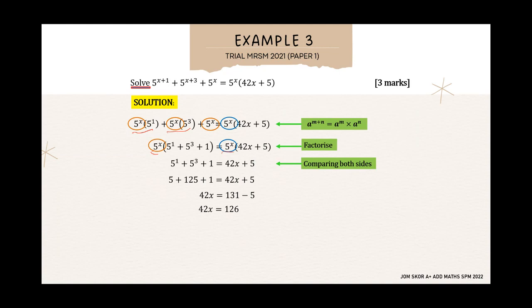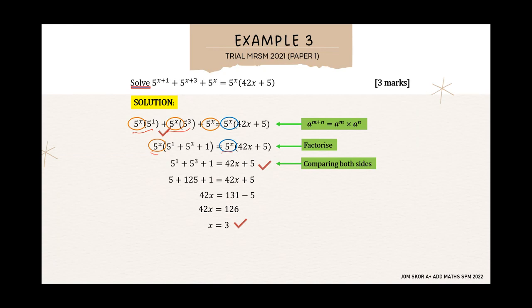So, X is equal to 126 divided by 42. Dapatlah X equal to 3. Okay, simple saja insyaAllah. Markah yang pertama, bila awak boleh tukar tadi daripada form darab tambahkan indeks. Yang kedua, bila kita boleh compare both sides. Dan yang terakhir, pada nilai jawapan yang betul, which is X is equal to 3.